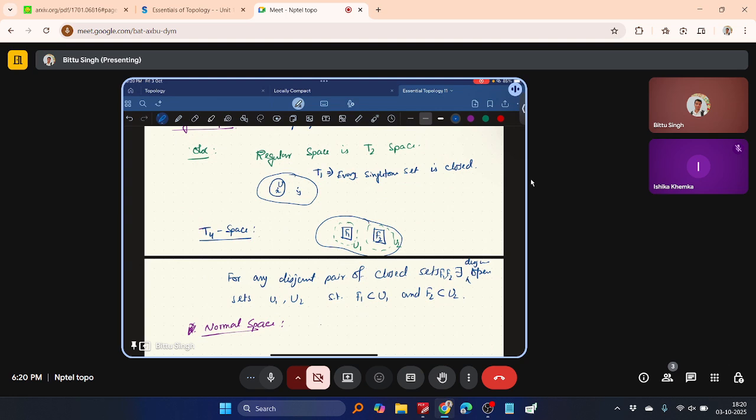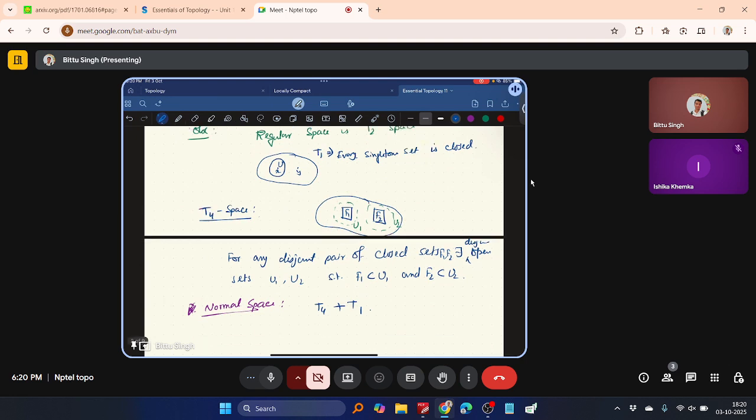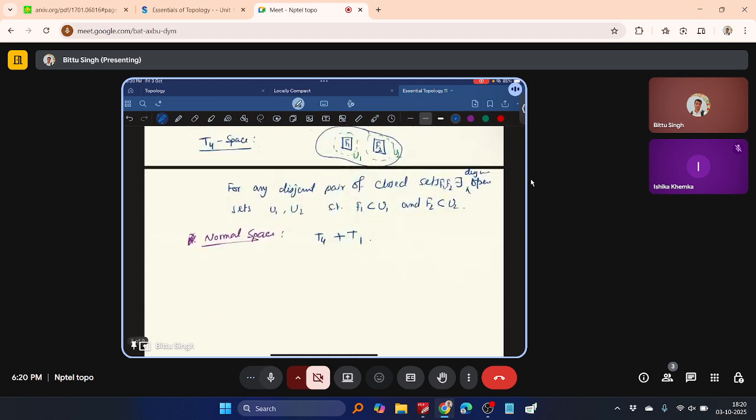So normal space is the same as T4 plus T1. A space which satisfies those two properties, T4 and T1, we call a normal space.